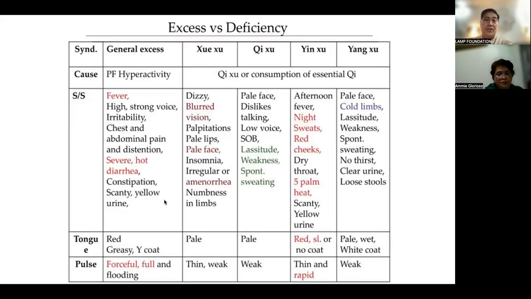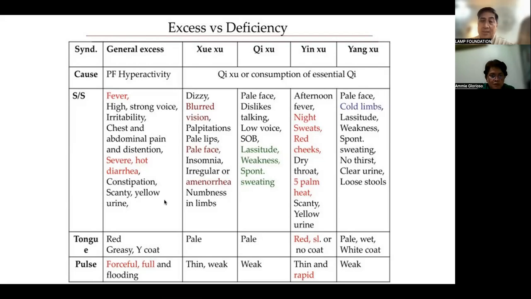Clear? Okay. I want you to also read this table: excess versus deficiency. General excess is pathogenic factor, hyperactivity. Then we have consumption or qi deficiency, or consumption of essential qi; it can be blood, qi, yin, or yang deficiency. Let's go to the tongue right away.